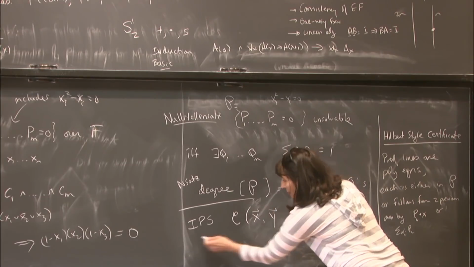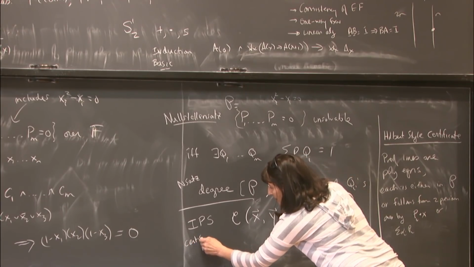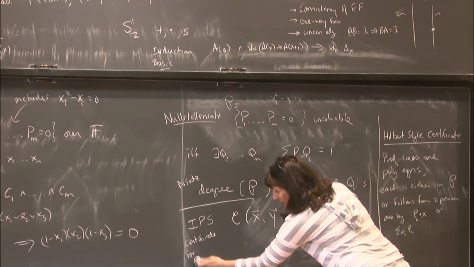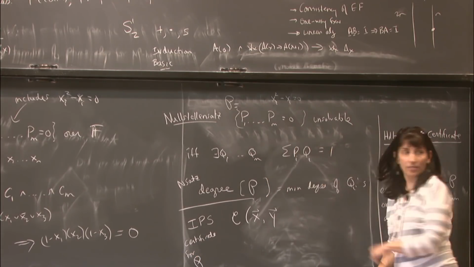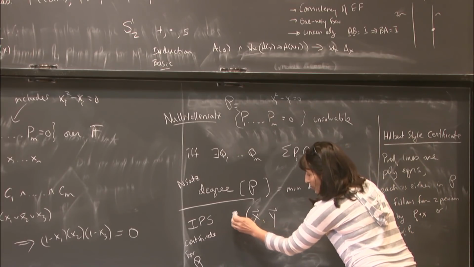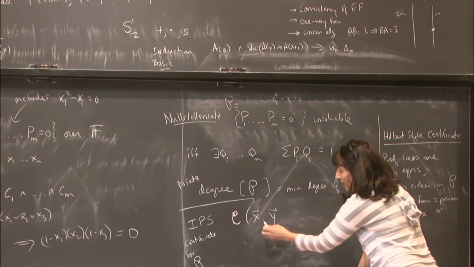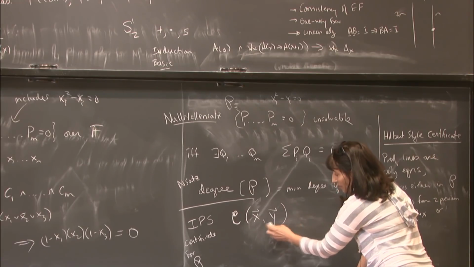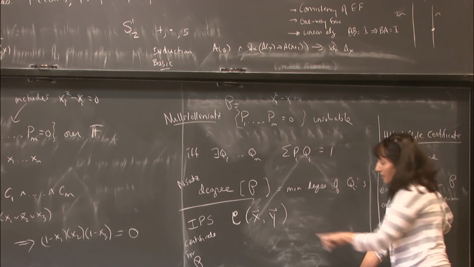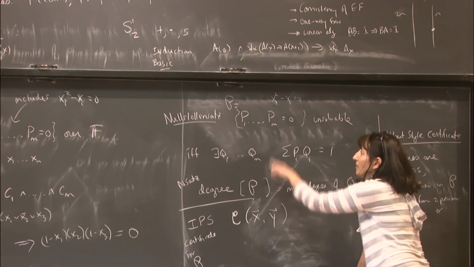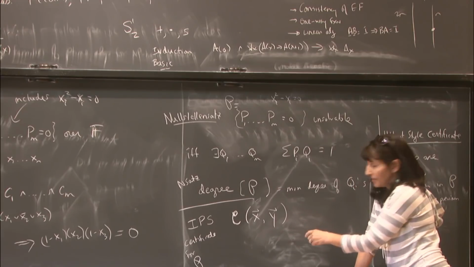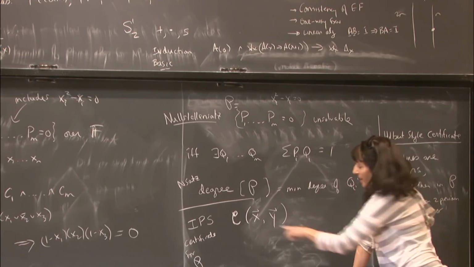An IPS certificate for this unsolvable system of equations is going to be a single algebraic formula or algebraic circuit, and it's going to have two types of variables. The x's are the original variables that underlie the P's, and the y's are placeholder variables, one for each of the P's. So there's going to be m of these variables, and n of these.